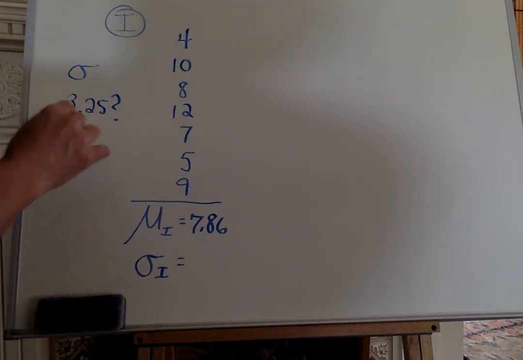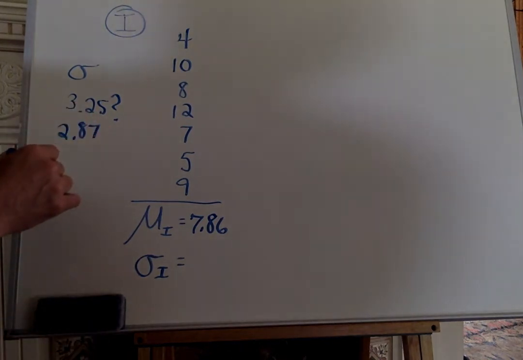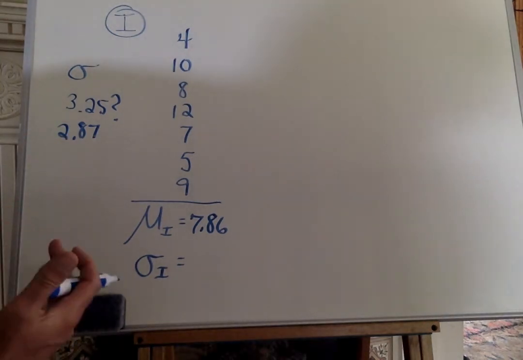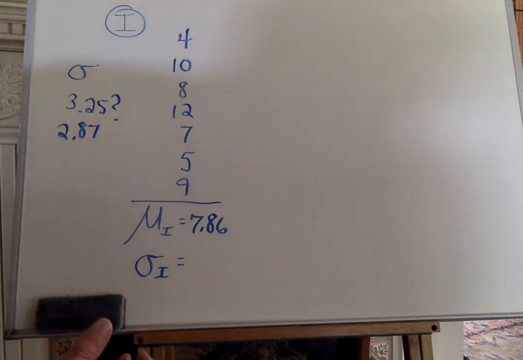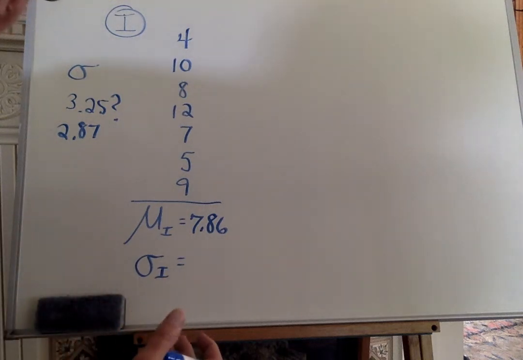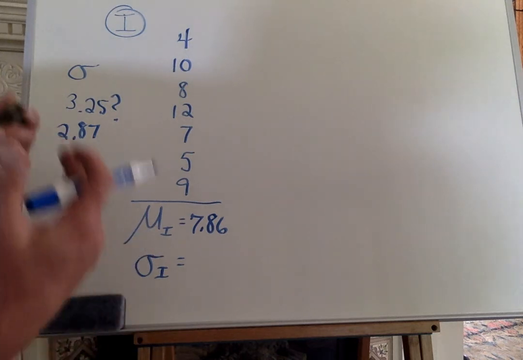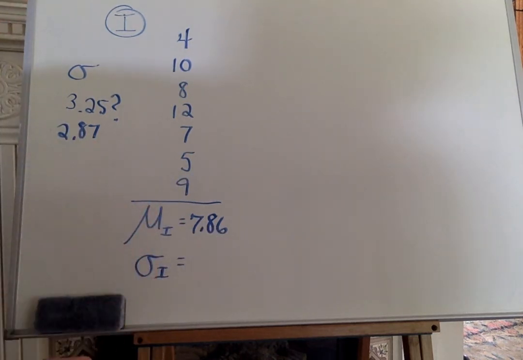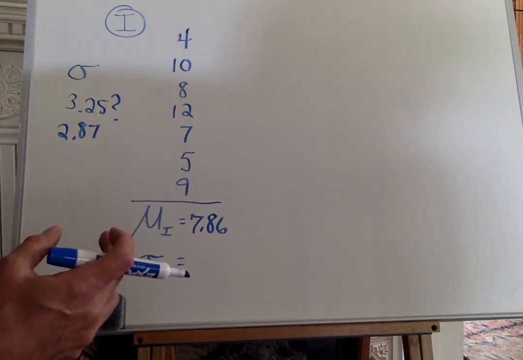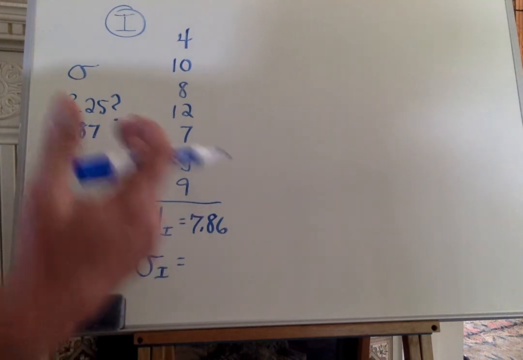Maybe 2.87. Something like that. I'm assuming that you sort of get it, and if you're making guesses like this, that gives me some hope that you are getting the concept. And when I say guess, I don't mean random guess.